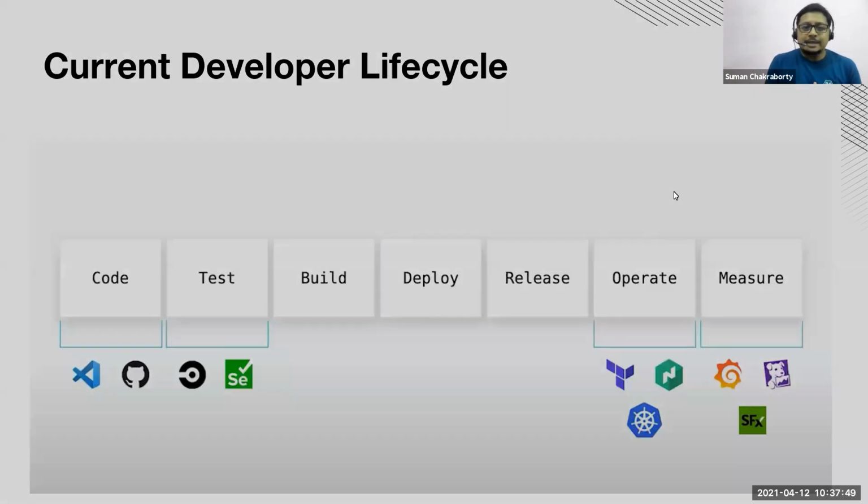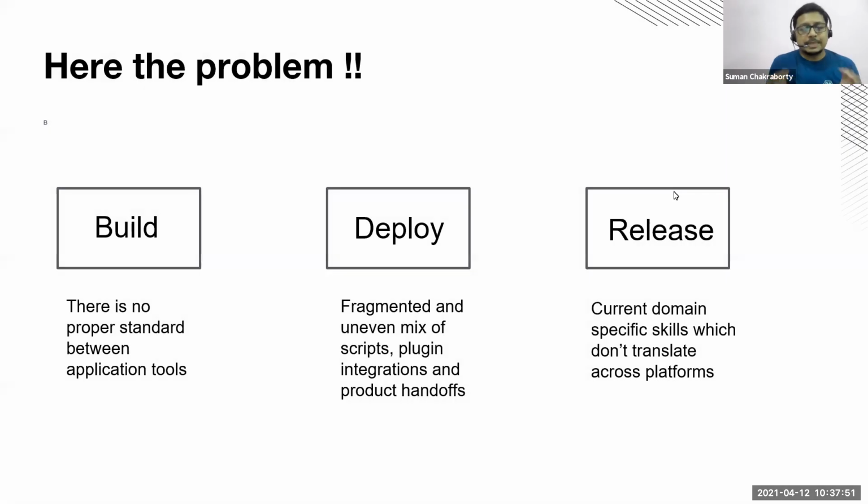The challenge that comes is in the middle three phases, which are build, deploy, and release. Why? Because in these three phases, there are a whole lot of tools acting in these particular stages, and they are all driven through different technology standards.